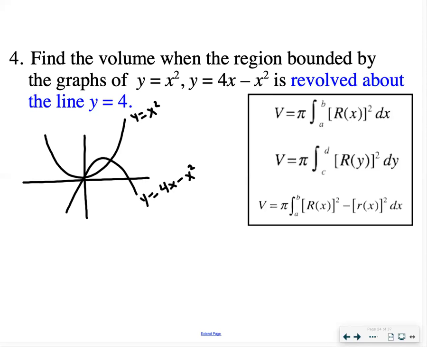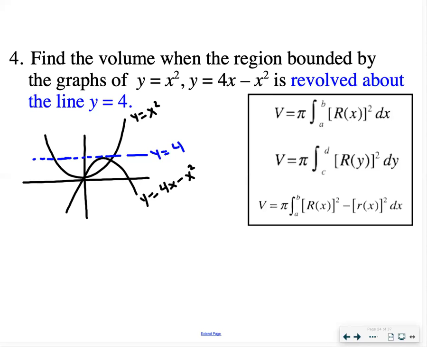Okay, and we're revolving around the line y = 4. So it's up here somewhere. That's our axis of revolution now.